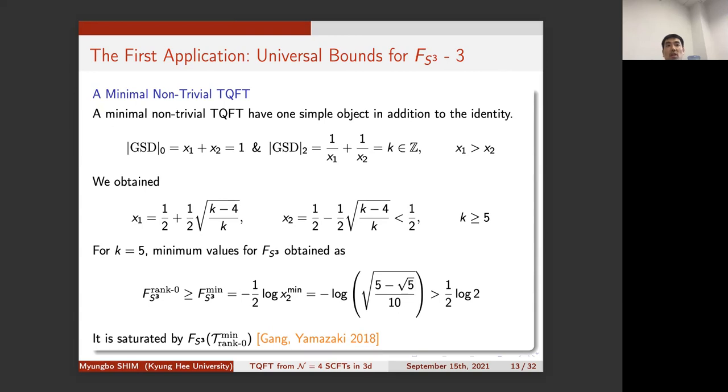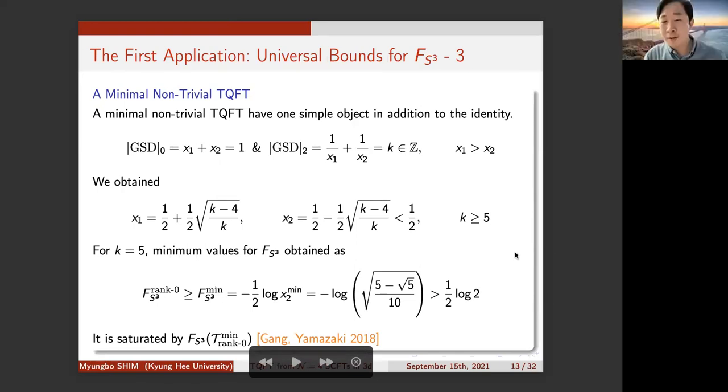But I just don't understand why the twisted partition function knows about this S3 free energy. Could you tell me once more? So why does this twisted index tell us the free energy on S3?